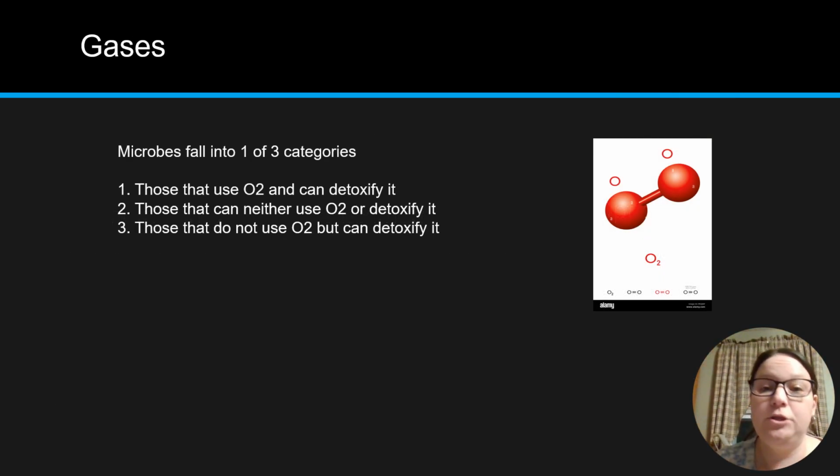Microbes fall into one of three categories. Number one, those that can use oxygen and can detoxify it. Number two, those that can neither use oxygen nor detoxify it. Or number three, those that do not use oxygen but can detoxify it.